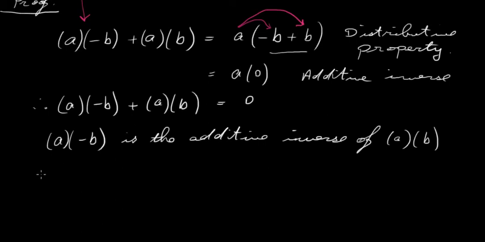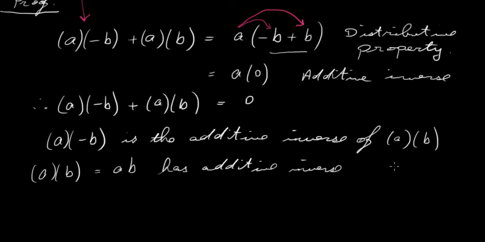But a times b, which is just ab when you multiply it out, has additive inverse minus ab. The additive inverse of plus ab is minus ab.